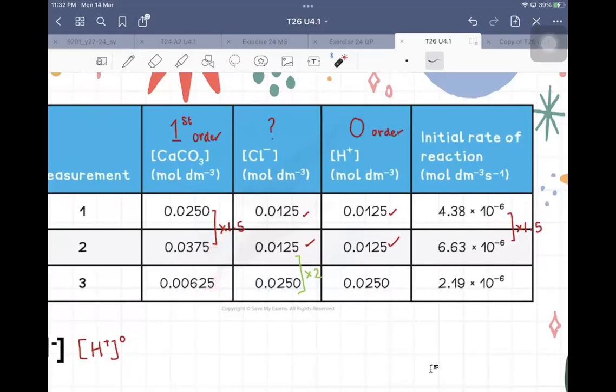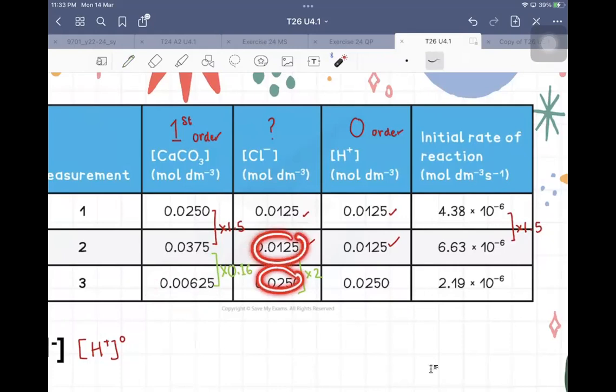So I will take whatever this number is, 0.00625 divided by 0.0375. Why have I taken the smaller number divided by the bigger number? Because I want to follow my chloride. Okay, chloride, I take bigger number divided by smaller number.